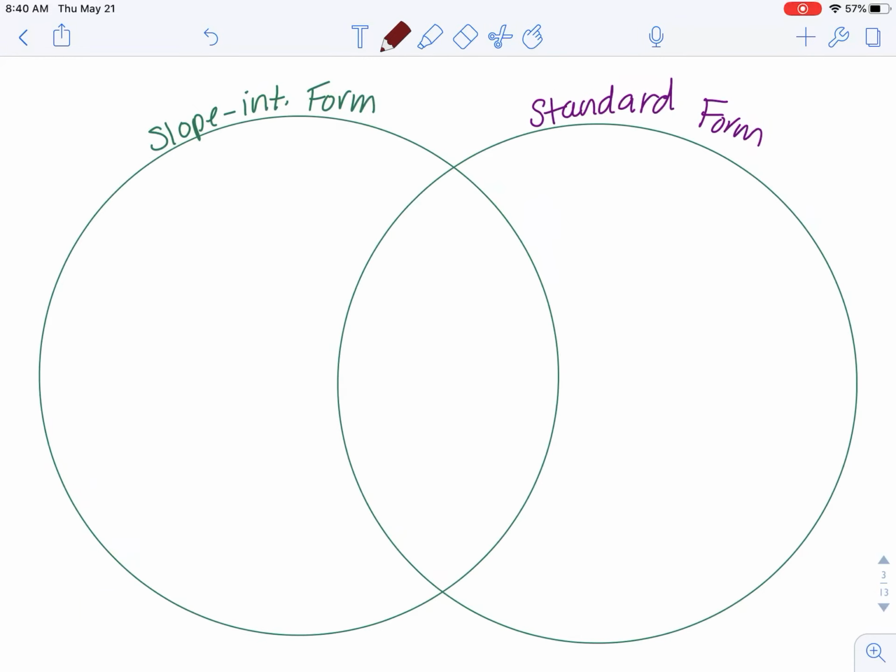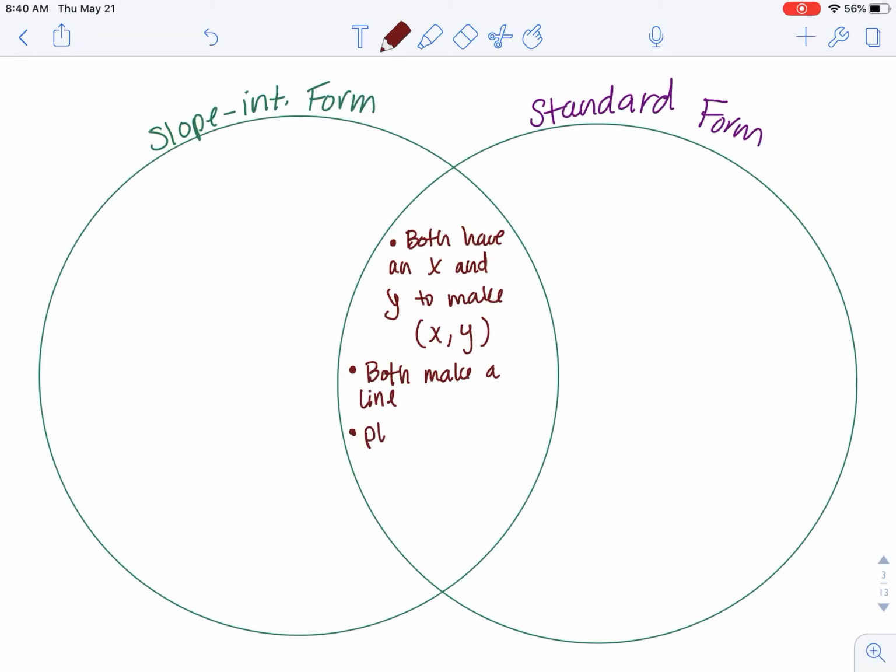Let's say that standard form and slope-intercept form both have an x and a y to make the point x comma y. Okay? And they both make a line.